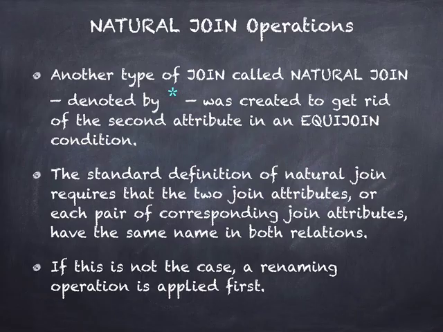Moving to another type of join, which is the natural join, and it is denoted by the star or the asterisk. Actually, the only difference between the equijoin and natural join, as you realized from the previous slide, is that the equijoin duplicates a column.